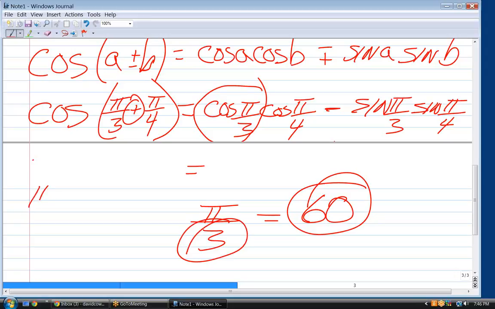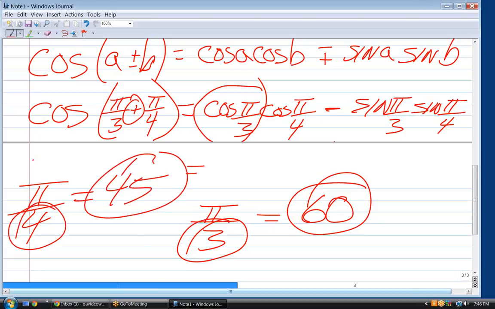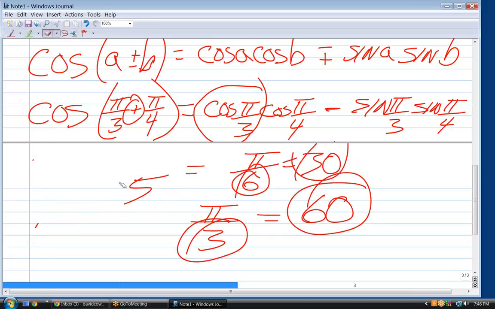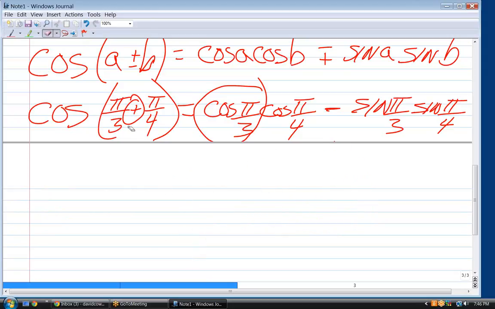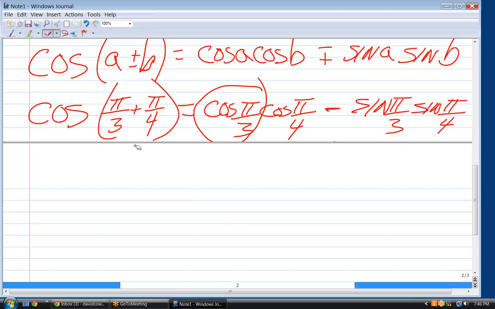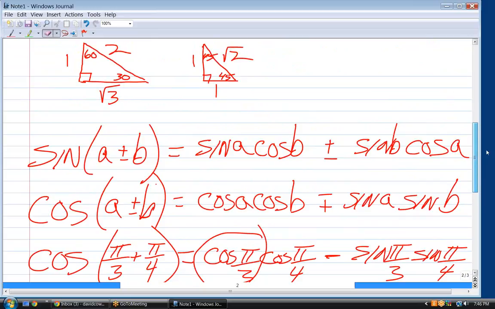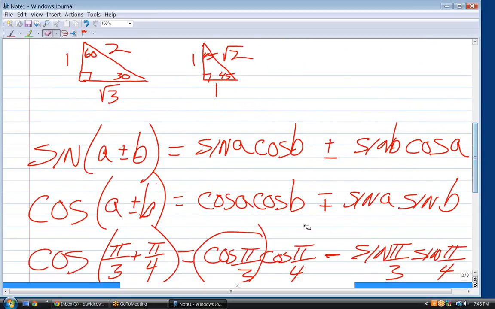And that's a good way to memorize it, because it's really easy multiplying that times that. So pi over 6 would have to be 30 degrees. That times that has to be 180. So these 30, 45, and 60, you should kind of memorize. Okay, so if we go back to our triangles, what's the cosine of 60?